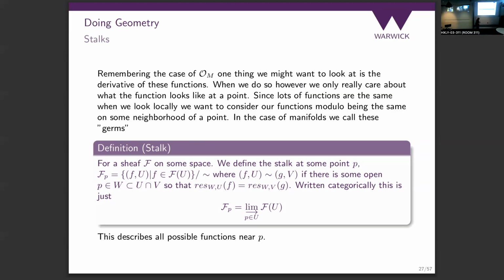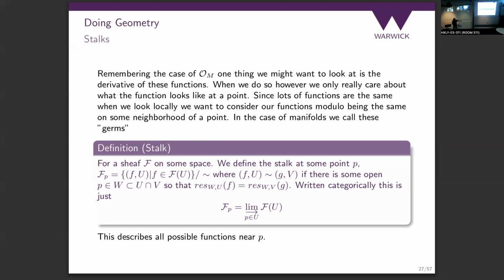As far as this point is concerned, these two functions are the same thing. It can't tell the difference. So we want some way to do that properly. You just take all functions and neighborhoods, and then you say two things are the same if they are locally the same. This defines what's called a stalk.